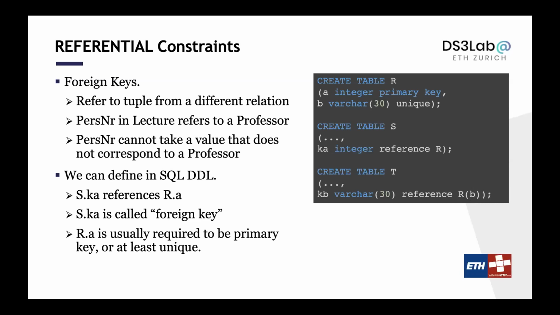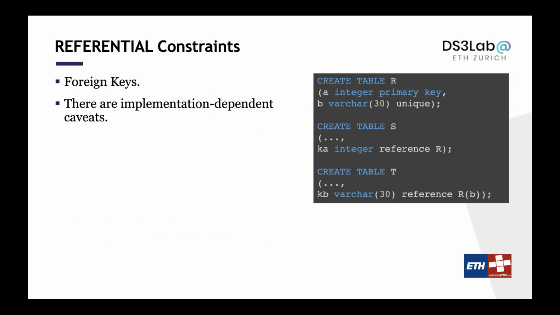Of course, different implementations may require this or not, but if you do not refer to an attribute that is a primary key or unique, in the best case scenario, it's very slow. So in best practice, whenever you are referring to a tuple, it's better that the attribute you are referring to is a primary key or at least unique.